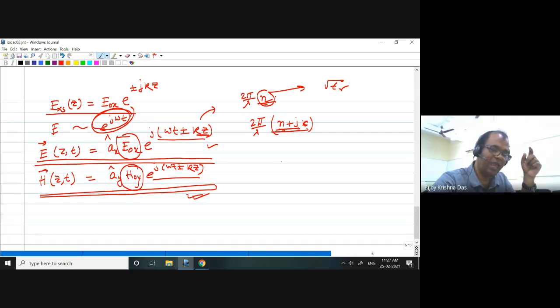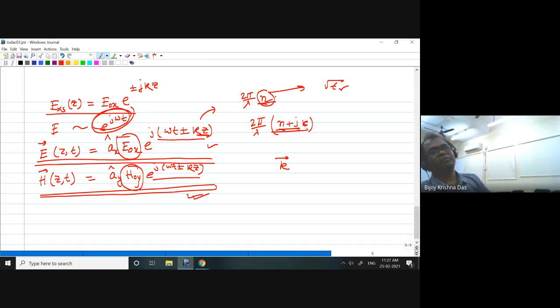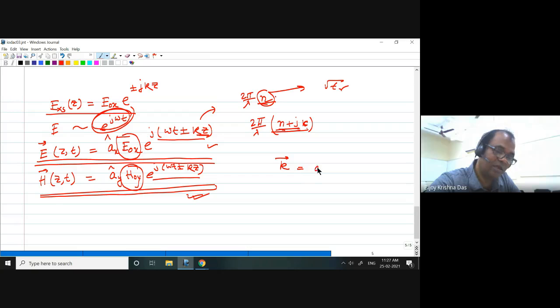That means this k I have to represent as a vector, right? So in that case we can write ax kx plus ay ky plus az kz. So with my reference system, laboratory system, material medium, it has a fixed x-axis, y-axis, z-axis.